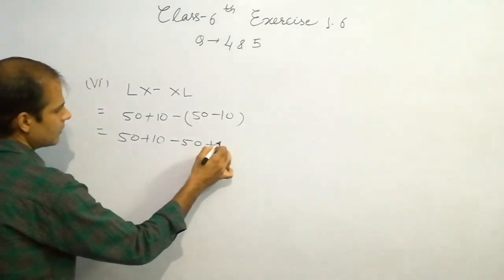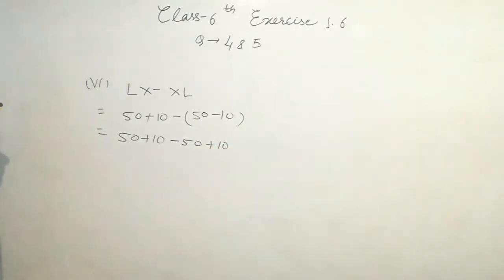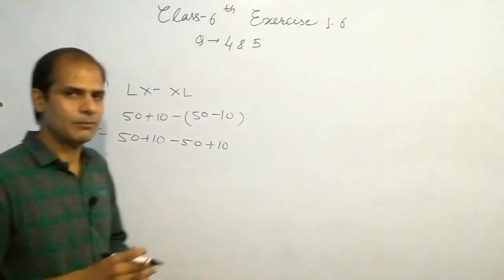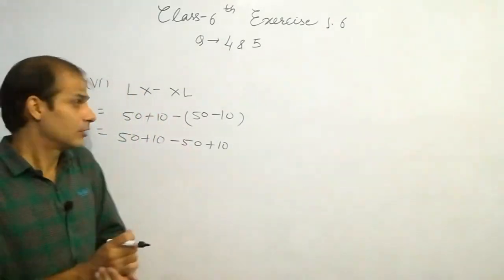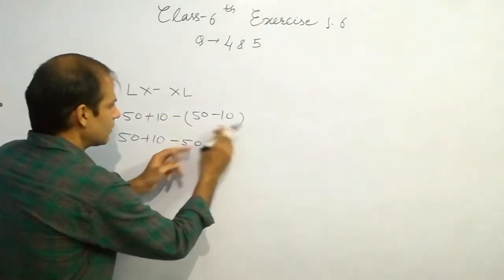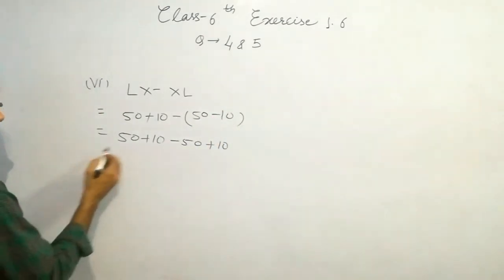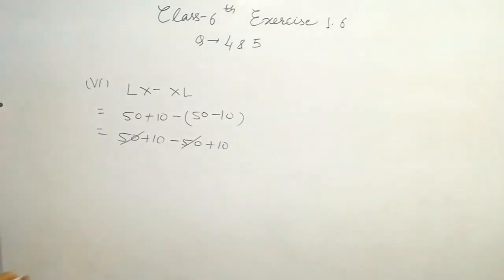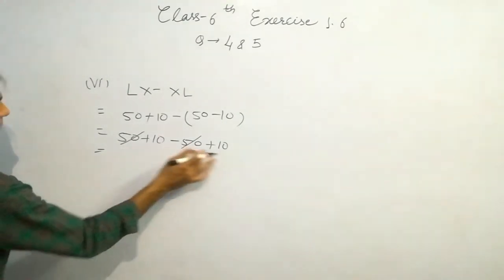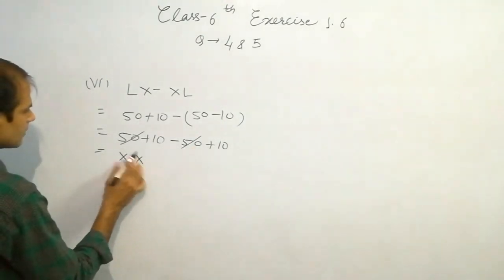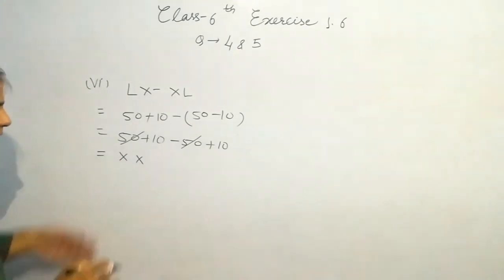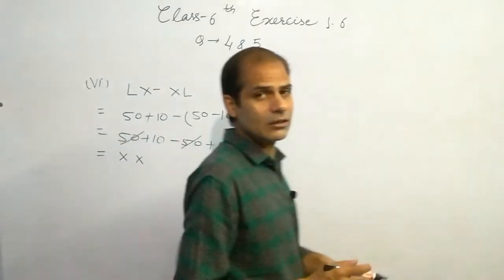Minus 50 plus 10. Okay, as we do in algebra when we simplify the brackets. So when you remove this bracket, the signs of these values will be changed. See what happens. 50 and 50 cancelled out. 10 plus 10 means it is simply XX. So I have solved this question in a different way.